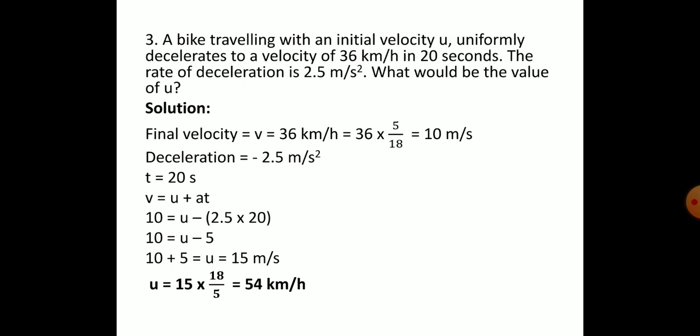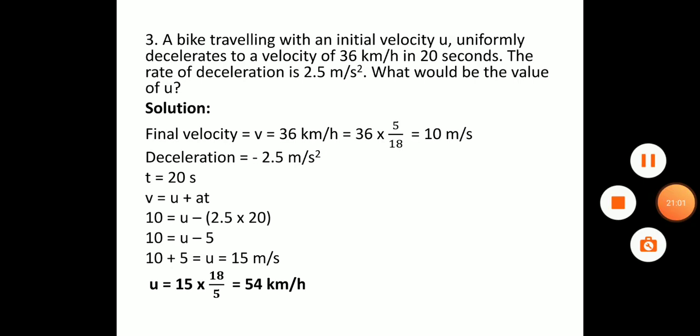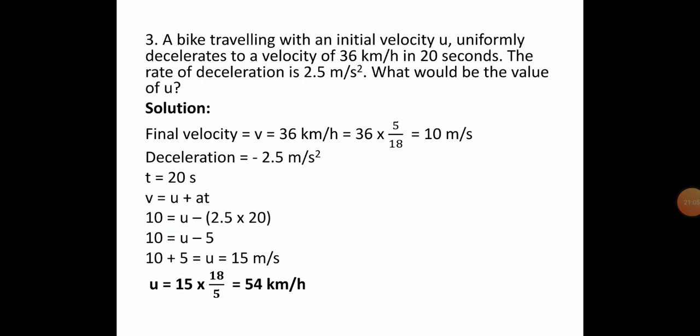Now coming to the third one. A bike traveling with an initial velocity u uniformly decelerates to a velocity of 36 km per hour in 20 seconds. Uniformly decelerate means what? It is going to slow down uniformly. Rate of deceleration is 2.5 meter per second square. What is the value of u?